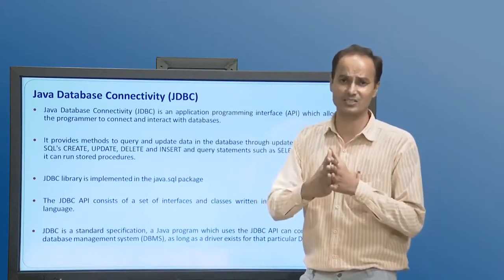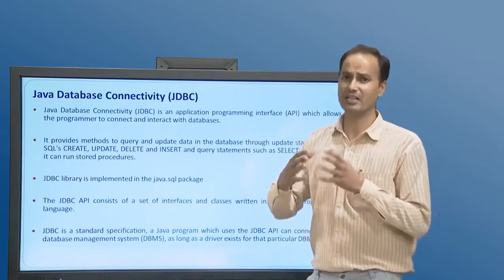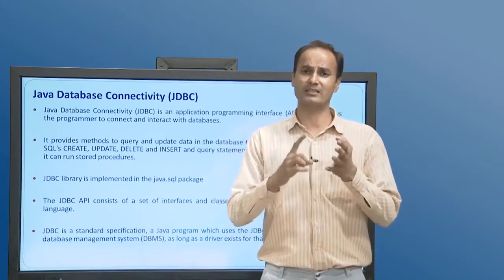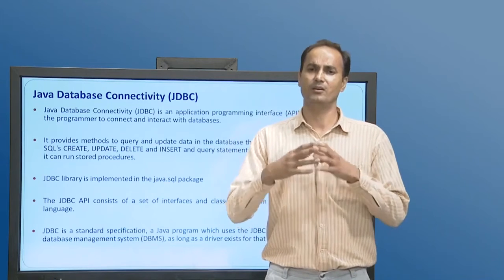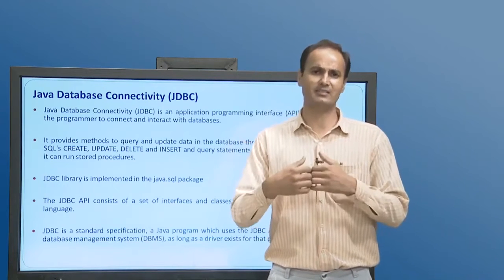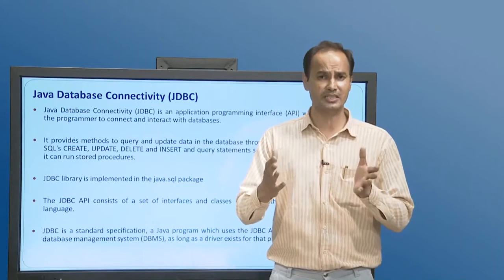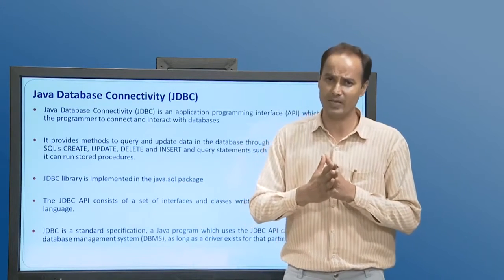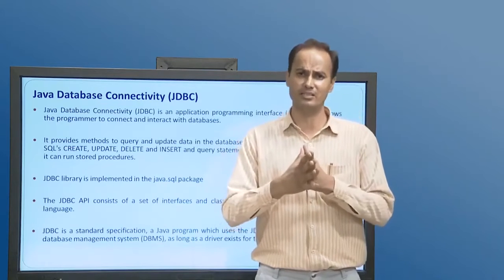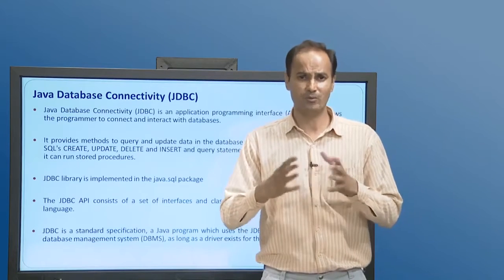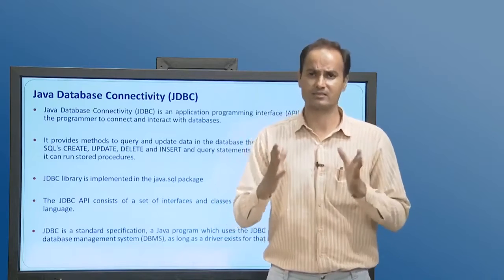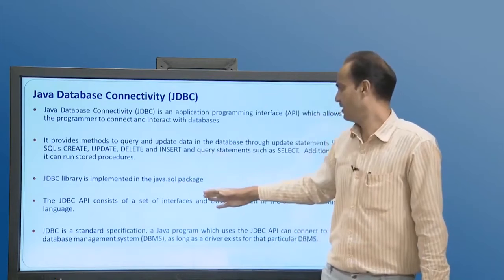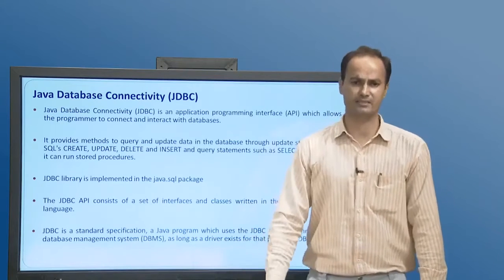JDBC, Java Database Connectivity, is an API which allows a Java developer to perform database tasks like connection creation, firing queries, retrieving results, manipulating data and updating data. The API provides a number of classes and interfaces that are implemented to perform these Java database tasks. The JDBC library is implemented in the java.sql package, and it consists of a set of interfaces and classes.